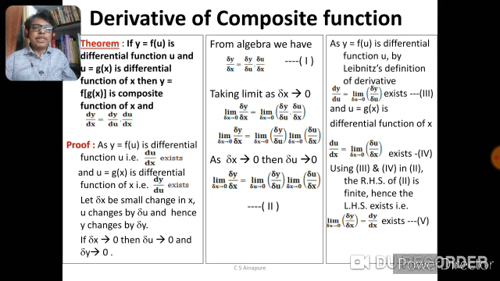We call it equation number 5, and now using the symbols from equations 3, 4 and 5, we can replace the limits by the notations of derivatives in equation 2. So, we get dy by dx is equal to dy by du into du by dx. This is the proof. So, I think the proof is very clear now. There should not be any doubt in this. A student can easily write this proof if it is asked in an examination also.